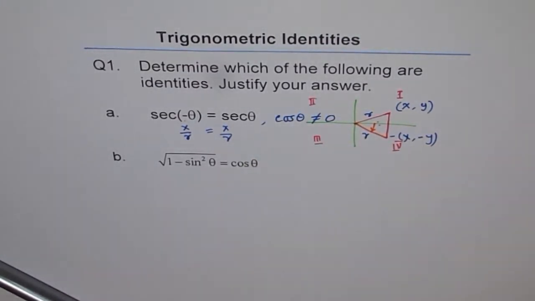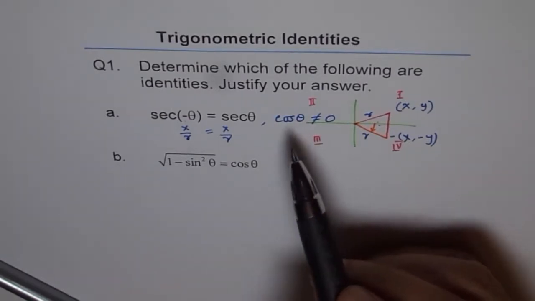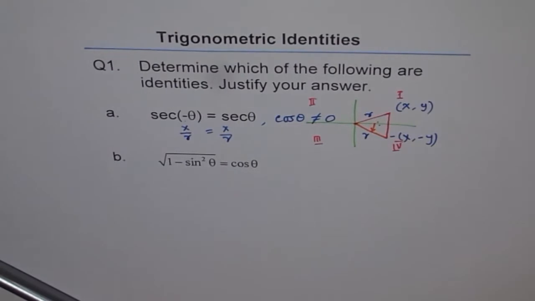So it is true for all values except where cos theta is 0, and therefore it is an identity. For identities, it is an accepted fact that they are true for all values except for a few restrictions, like I've shown here. So A is an identity.